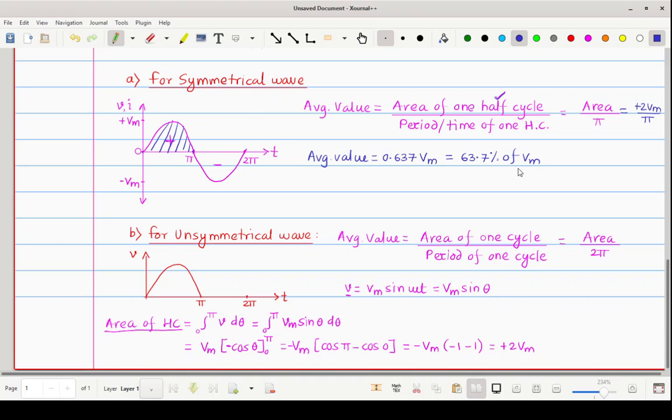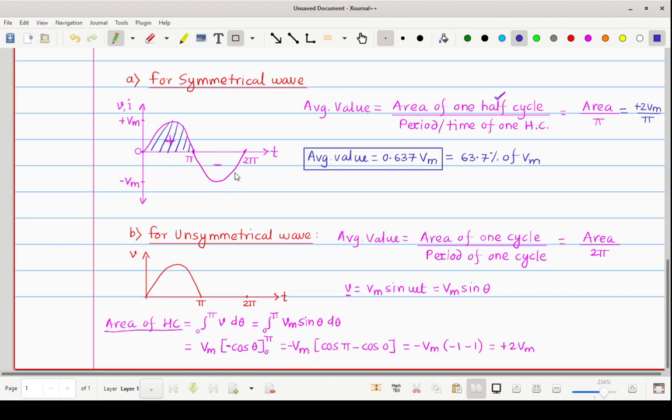So you have to remember that your average value is 0.637 multiplied by the peak value or maximum value. In this way you can calculate the average value for any symmetrical waveform. Again, remember that the average value we have calculated is only for one half cycle.